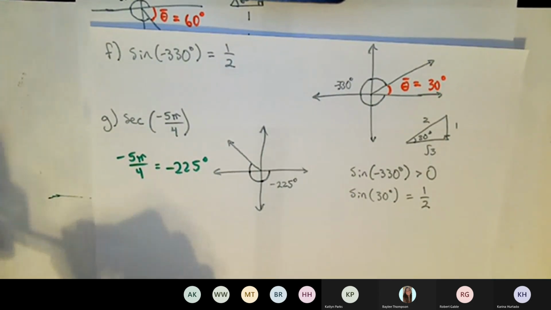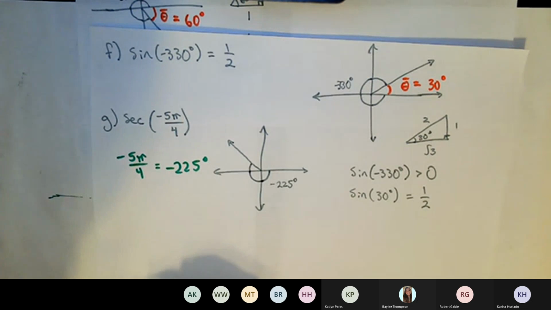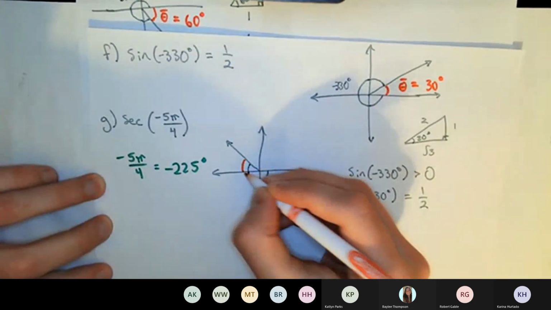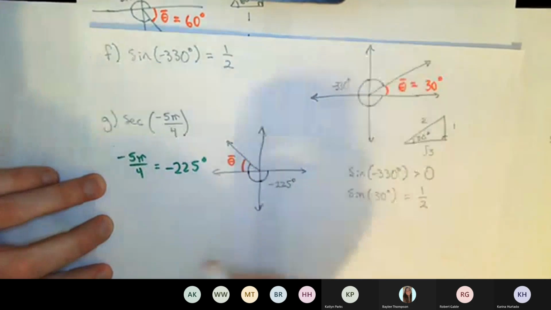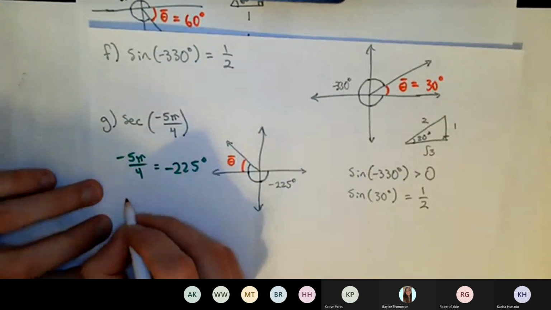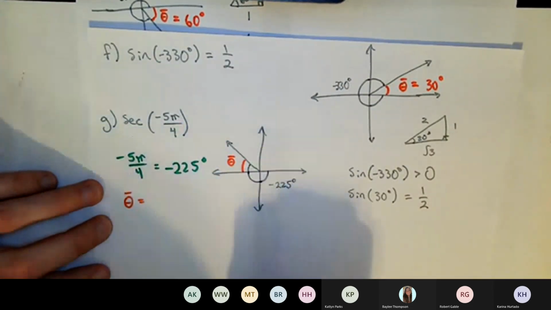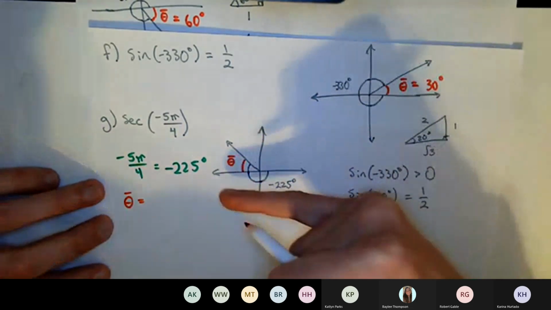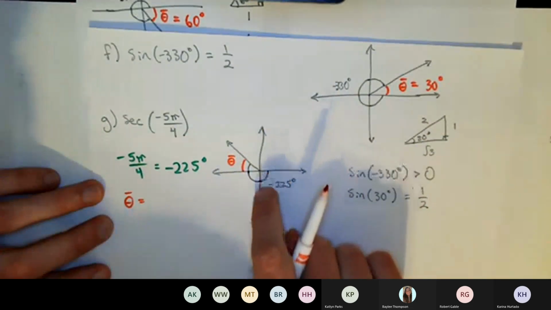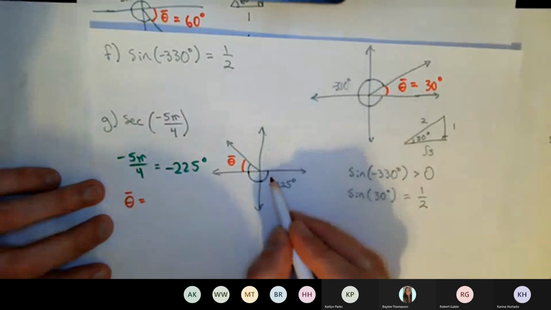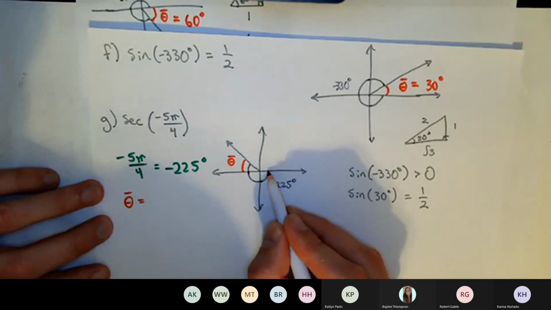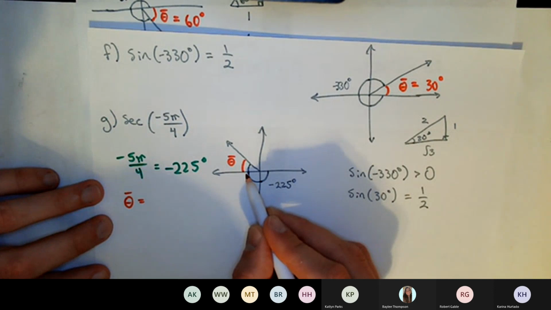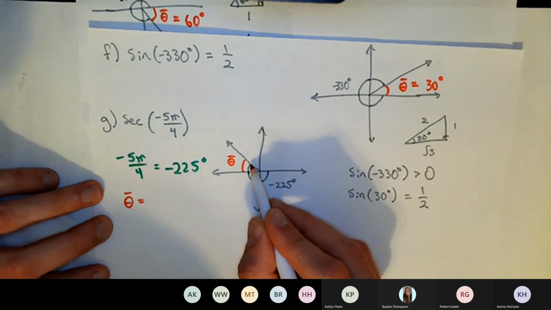Okay. And my reference angle here, theta bar, oop, I didn't leave myself room. I'll write it over here. Theta bar, in terms of degrees, going negative from the x-axis over to here, flipping around, is negative 180. And then it went 45 degrees past that.